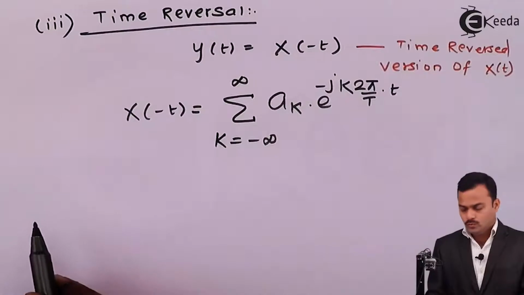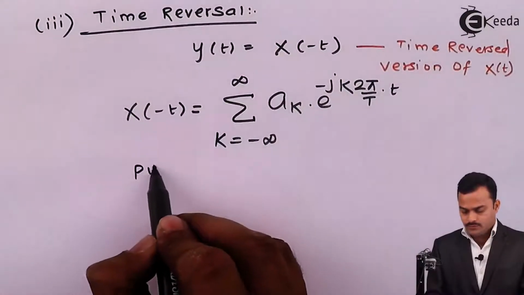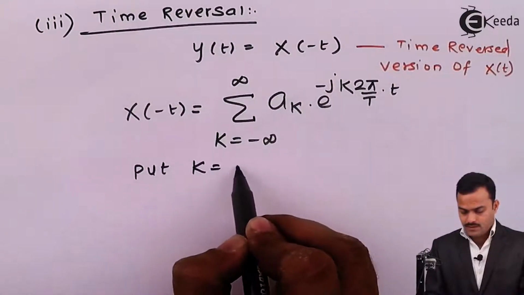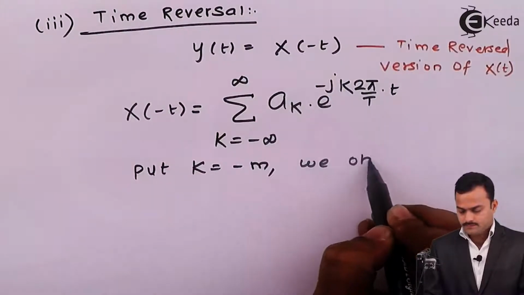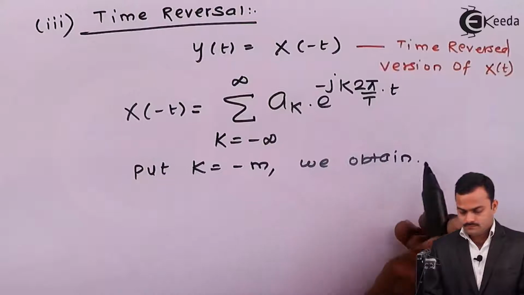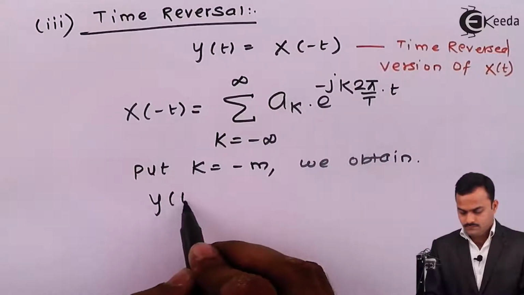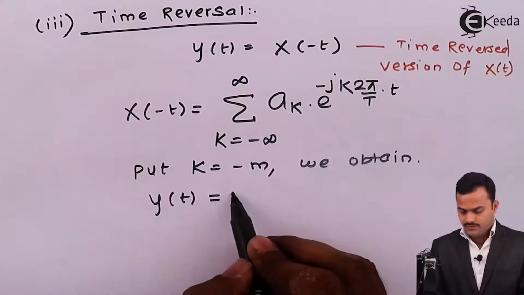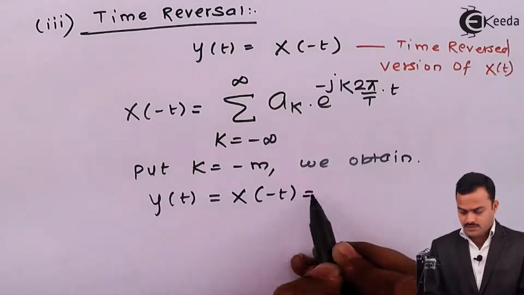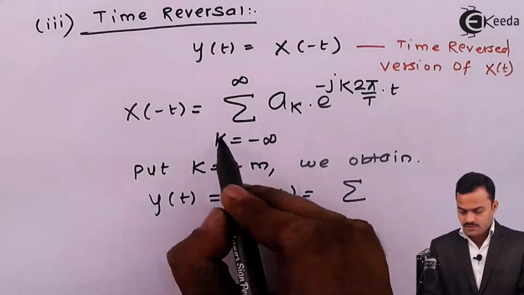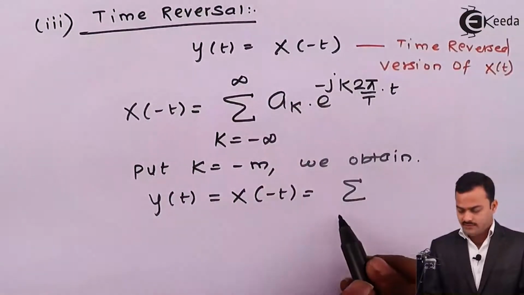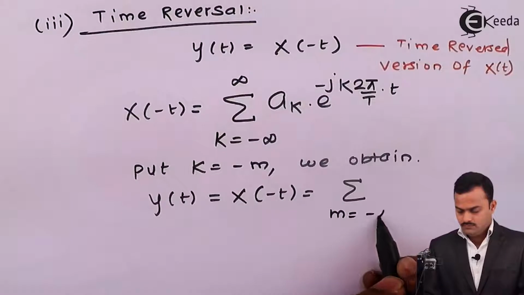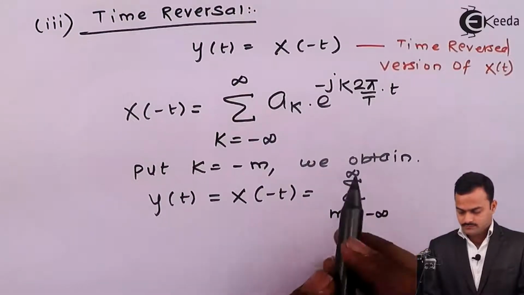Now what I am going to do, I am going to put k as minus n, so that we obtain y of t, which is nothing but x of minus t, summation. See, there won't be any change over here because it's just a summation from minus infinity to infinity only.